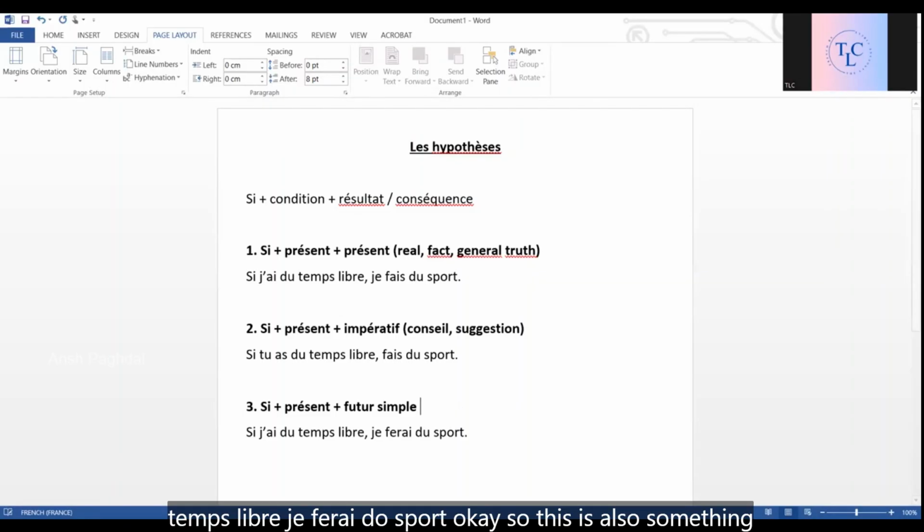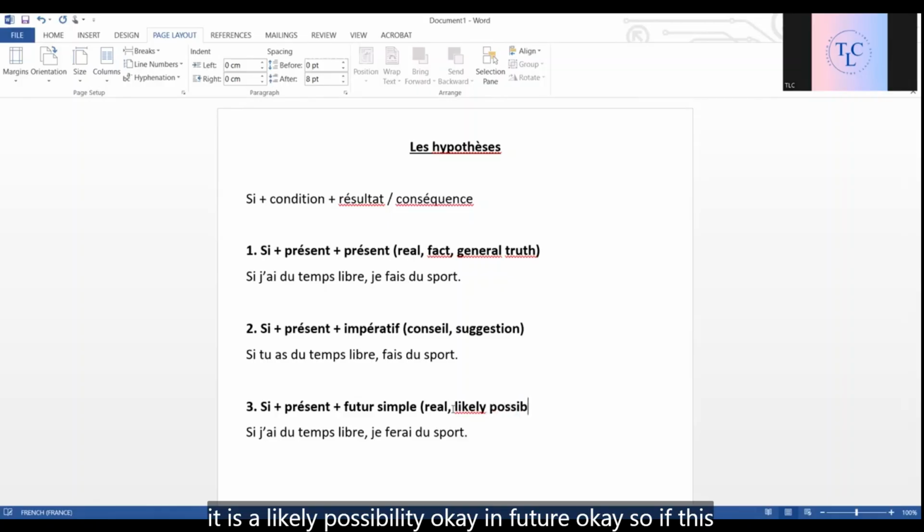So this is also something real, not imaginary, but its consequence or result is in the future. It is not a fact that when I'm free, I do sport. No, it is a likely possibility in the future.